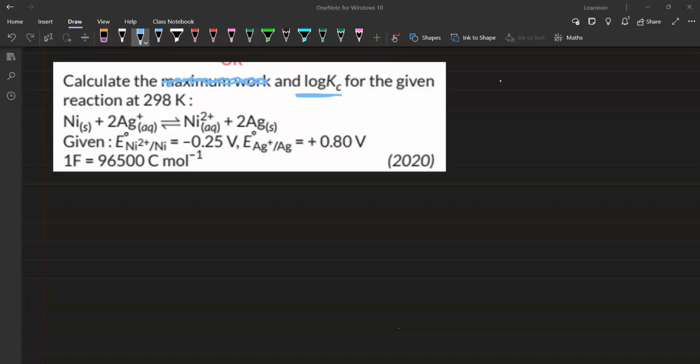E naught cell is correct, Harsha. Yeah, everything is correct. Regarding the calculation, I will have to see. Yeah, I think that is also correct. 35 point?